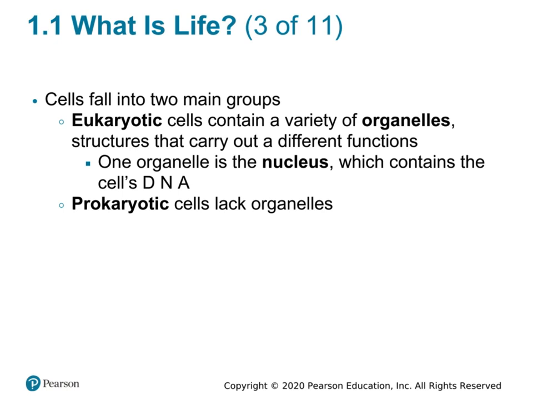Eukaryotic cells have a variety of organelles, structures that carry out different functions for the cell, but they also have a nucleus. That's the key difference between eukaryotic and prokaryotic cells. Eukaryotic cells have a nucleus that contains their genetic material called DNA, whereas prokaryotic cells lack organelles, and they definitely do not have a nucleus.